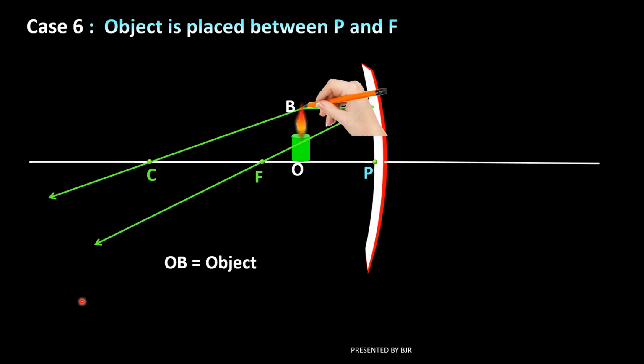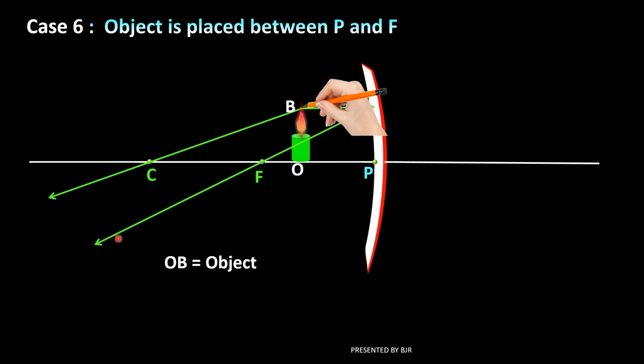So what we have to do, let us extend them backwards. For example, if an observer is here, for him this ray appears to be coming from behind the mirror somewhere here. So let us extend these two reflected rays backwards. The original reflected rays do not cross each other.